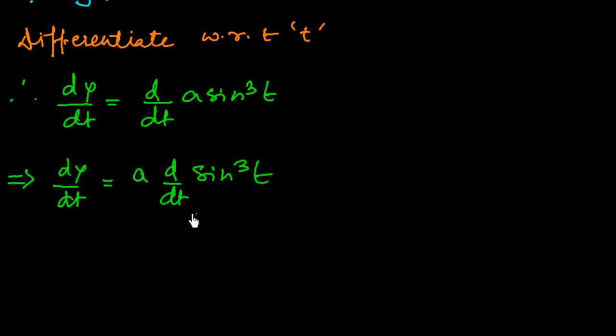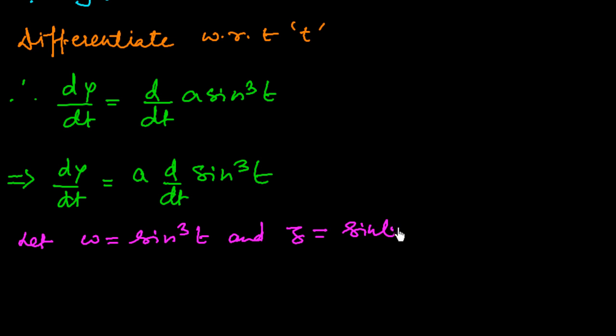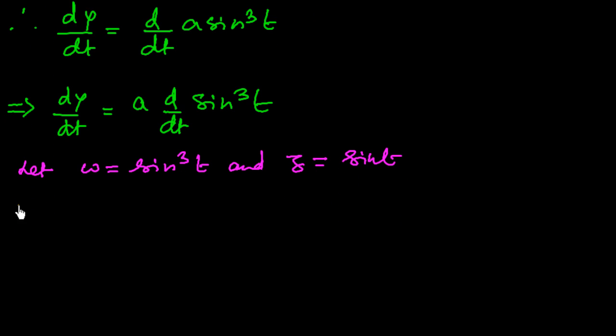Here we assume some things. Let w is equal to sin cube t, this whole function we are assuming w, and z is equal to sin t.